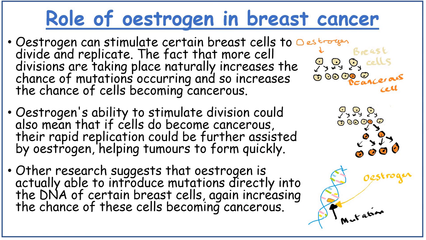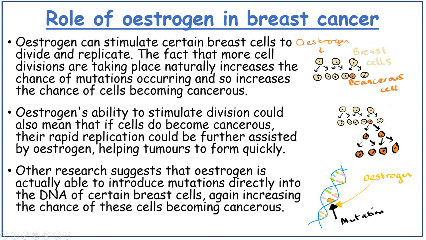It could be that oestrogen can stimulate certain breast cells to divide and replicate, and the fact that more cell divisions are taking place naturally increases the chance of a mutation occurring, and so increases the chance of cells becoming cancerous. Oestrogen's ability to stimulate division could also mean that if cells do become cancerous, their rapid replication could be further helped by oestrogen, which helps the tumour to form quickly.